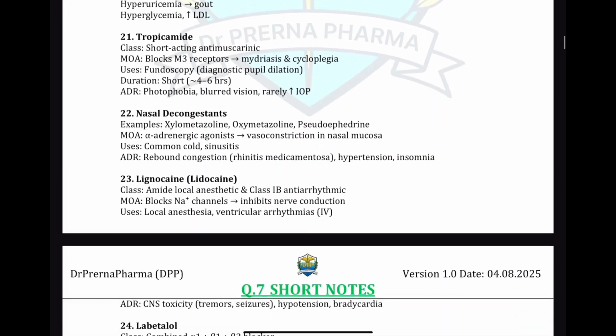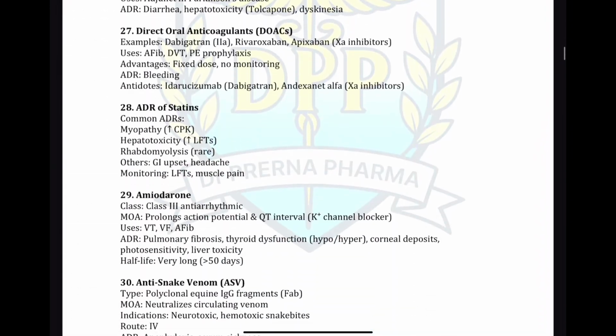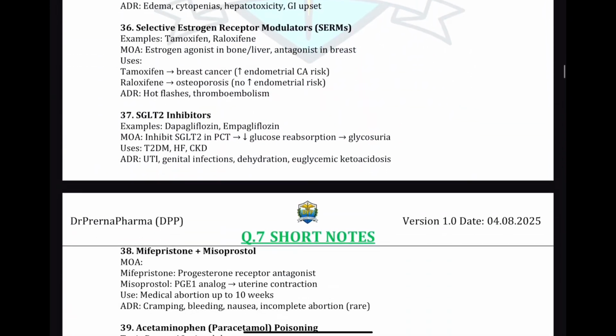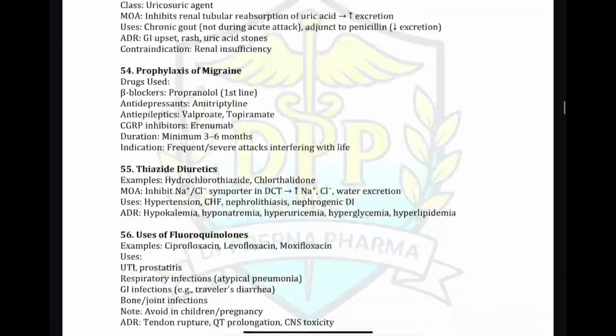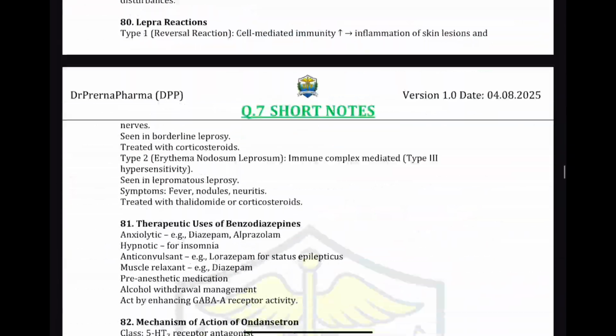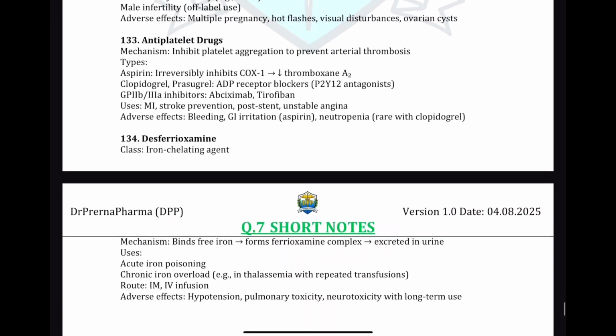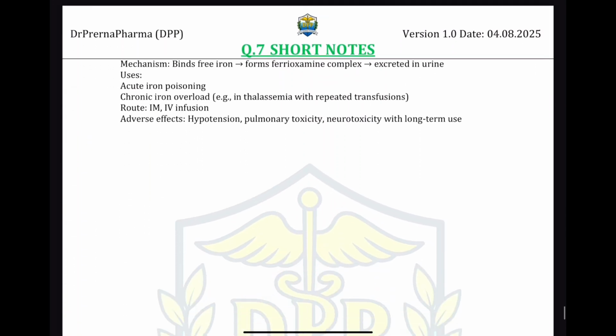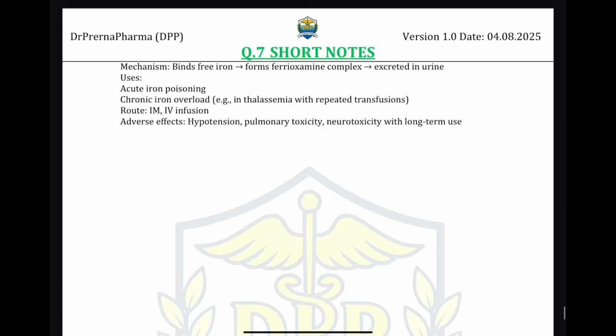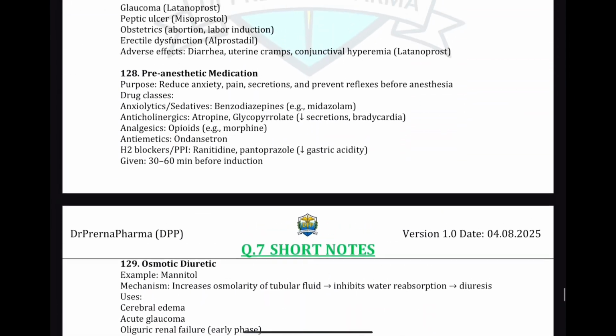I've just given you the gist part of it. You have to definitely expand on this, and once you have expanded and written a little bit more, then you can get good marks in the short notes. So there are 134 total short notes, and this will give you a good revision.